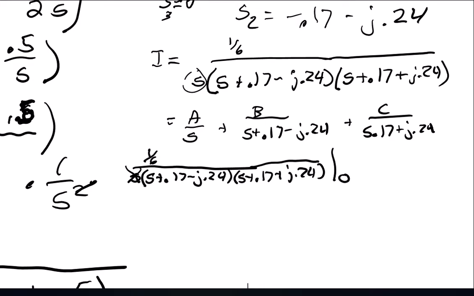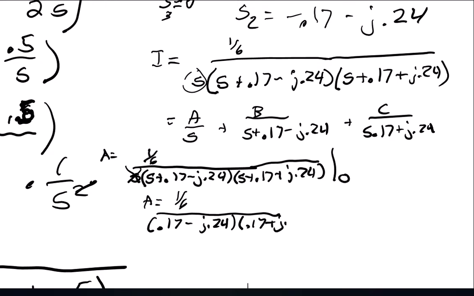Because if I plug in 0 to that S term, I'll get something over 0, and that's undefined. That's just how I remember it. That's not why it works, but that's how I remember it. So I plug 0 into this, and you get, so this is what A equals. So A equals 1/6 over, and you plug 0 into this, 0.17 minus J 0.24, and 0 into this, 0.17 plus J 0.24.